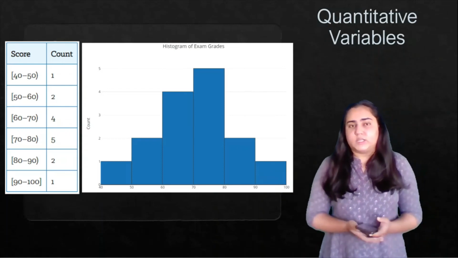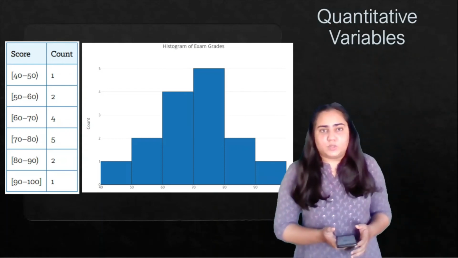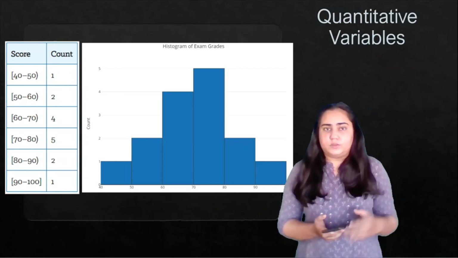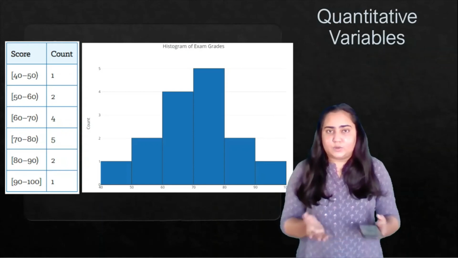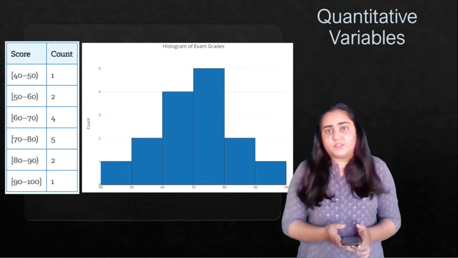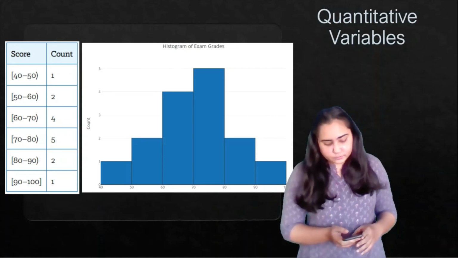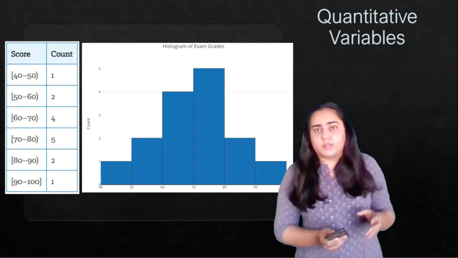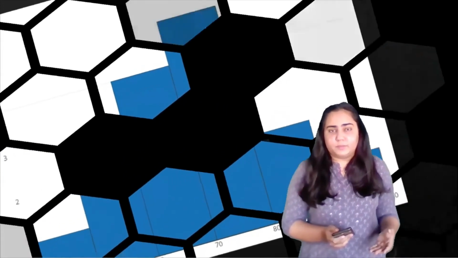So this is a histogram which shows you the score and the count. There's an axis with score and an axis with count, and we have created a histogram out of this. Now, histograms are very informative.